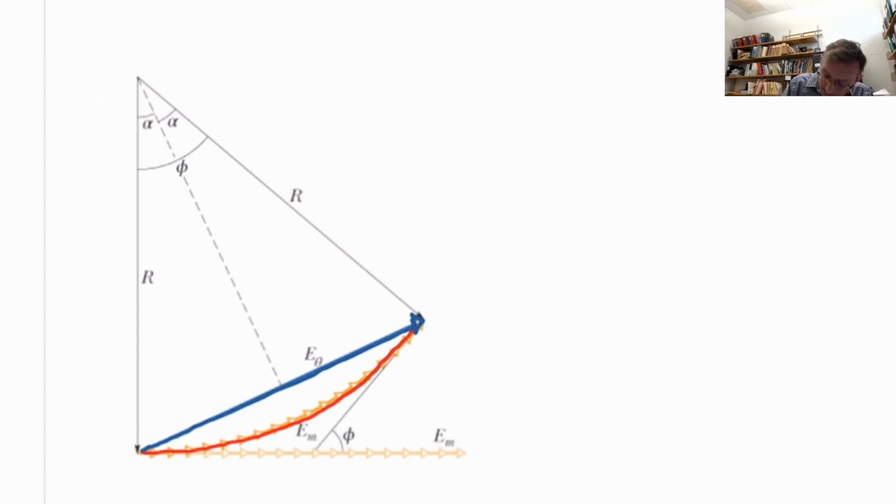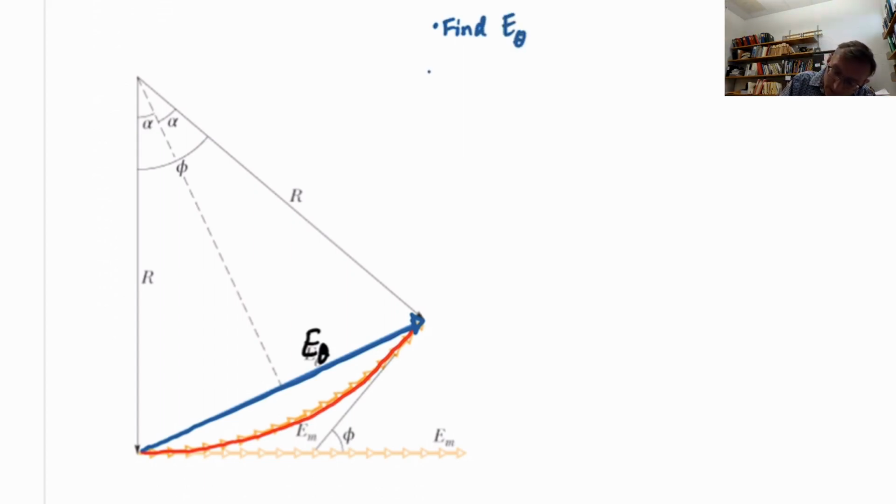And I want that length, E theta, of that blue arrow. I'm going to assume that there are so many of those phasors that curvature is actually smooth, and so it's really an arc of a circle. Okay, so here's what we want to do. We want to find that length, E theta.